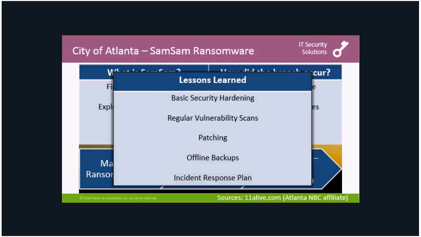Patching, we again stay up to date on your patches. Most of the major breaches that we see are the result of patches being behind. I think the Department of Homeland Security estimated around 75% of these breaches are a result of patches being behind.